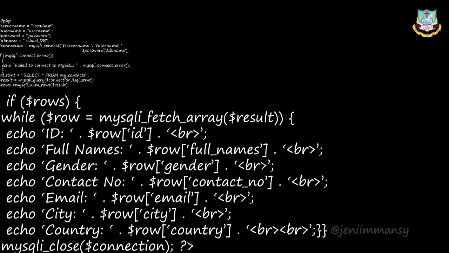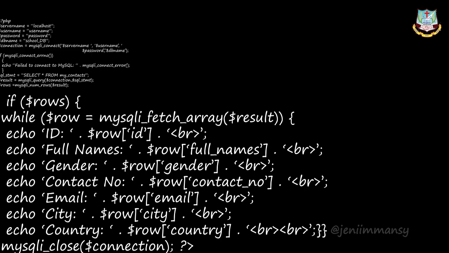Break means it will break that line and go to a new line. Next line is for full name, a row is created for full name, and then again a break. Then echo gender, row for gender and break. Contact number, row for contact number, break. Email, row for email ID and then break.